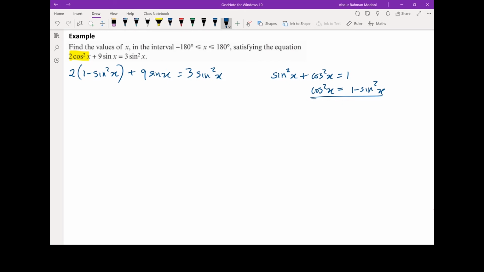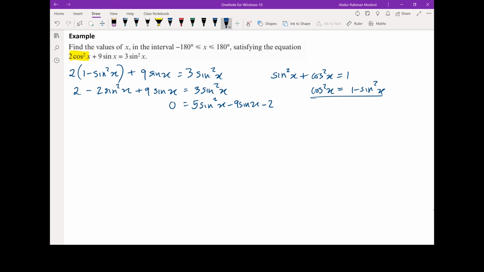Expand and tidy this up and equate one side to 0 results in 2 minus 2 sine squared x plus 9 sine x is equal to 3 sine squared x. So this then tidies up to get us 5 sine squared x minus 9 sine x minus 2 is equal to 0.